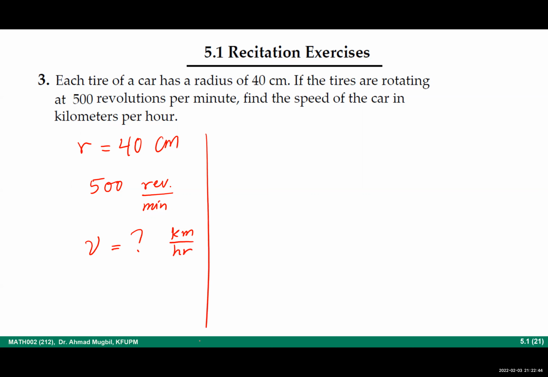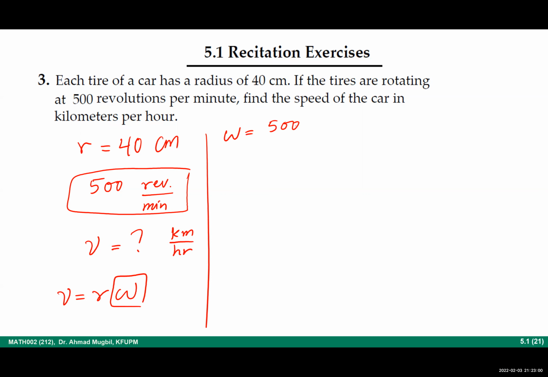Now this is how we convert this word problem into a mathematical model. We know that v equals r omega. So all we need to do is find omega, and in fact we have it partially here. Omega equals 500 times 2 pi radians, since 1 revolution, one complete rotation, is 2 pi.